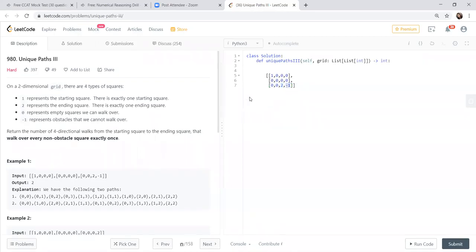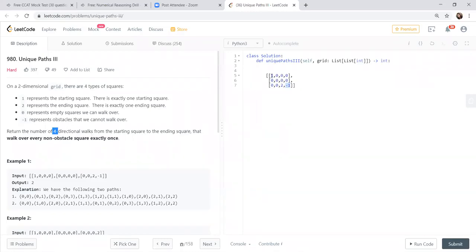So what we need to do is return the number of 4 directional walks from the starting square to the ending square. We need to return the answer of how we are approaching. We need to reach 2, and we need to reach it by 4 directional walks.